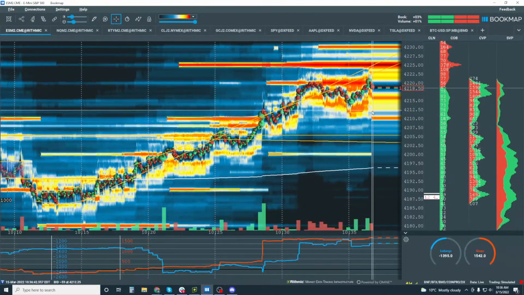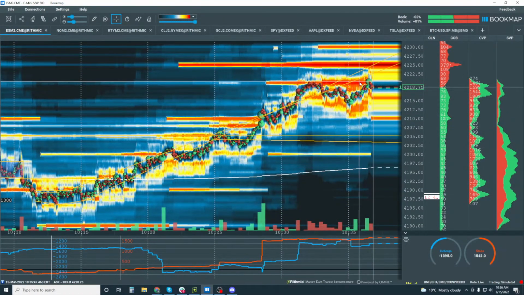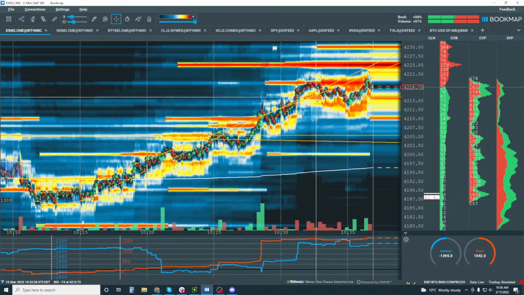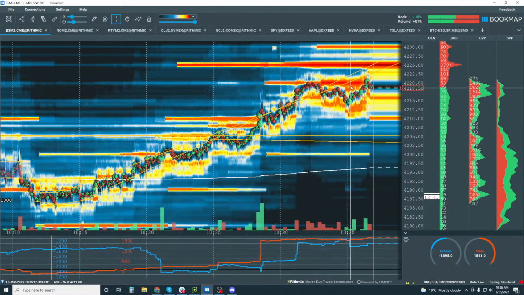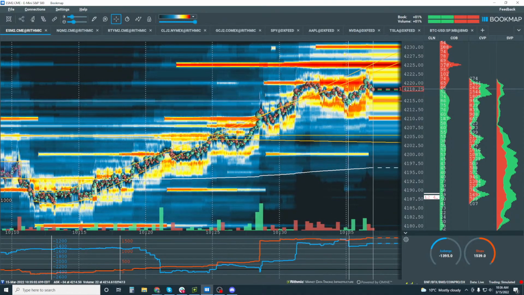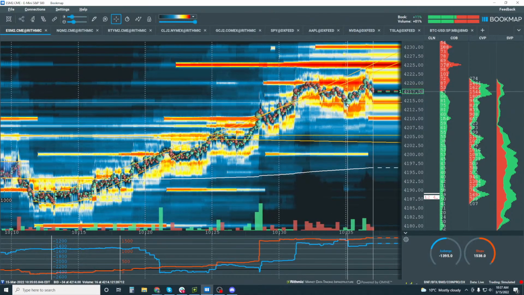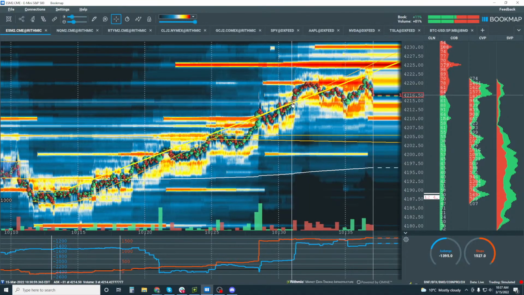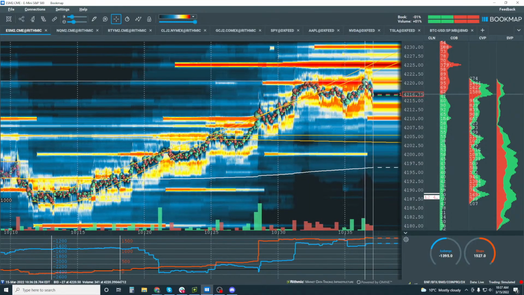But before we start to look for that, let's look at the structure here. How's this structure playing out? This is really important to understand, the volume within that structure. So we made a lower low here, off of this area, and we just slightly broke out here.